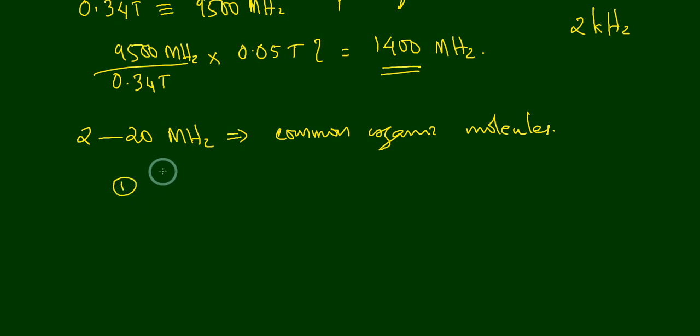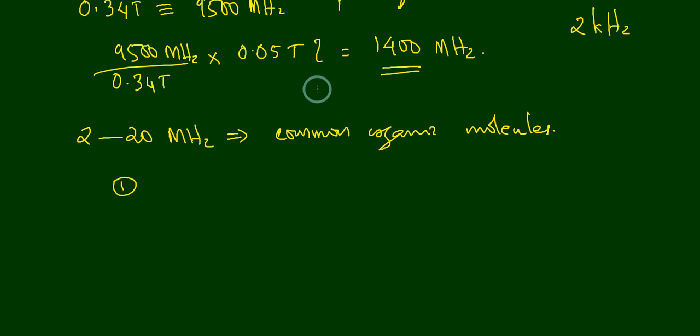In common organic molecules, why do they give an ESR spectrum? Because those organic molecules have an unpaired electron. And this unpaired electron in the molecule is not confined to a single nucleus.